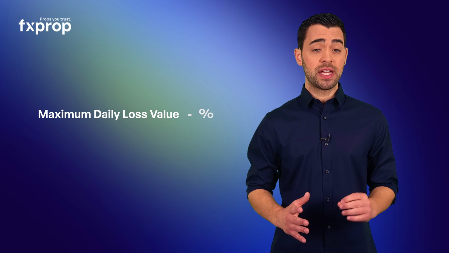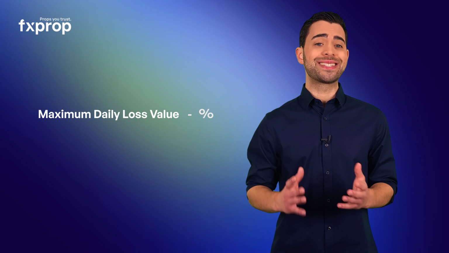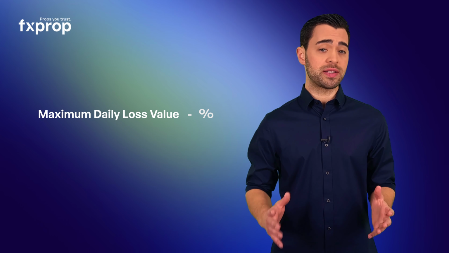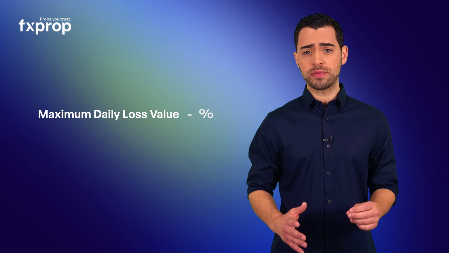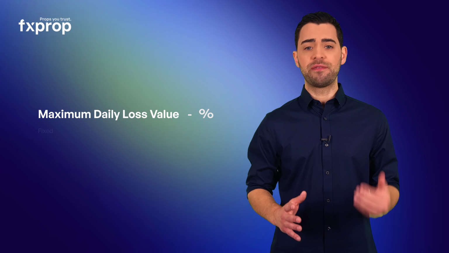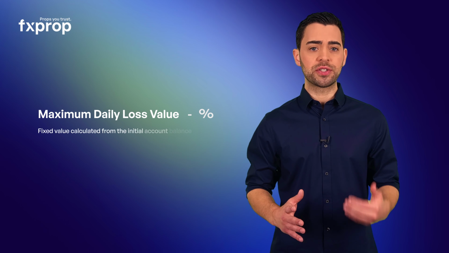Now, let's move on to a parameter from the formula for the maximum daily loss value. Prop trading firms most often provide this value in percentage, as well as information from which it is calculated, as there are several possibilities. The most commonly used model in 90% of firms for a two-phase challenge is a fixed value calculated from the initial account balance, that is, initial balance.